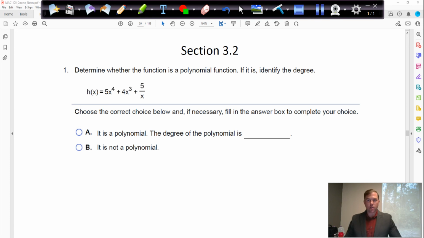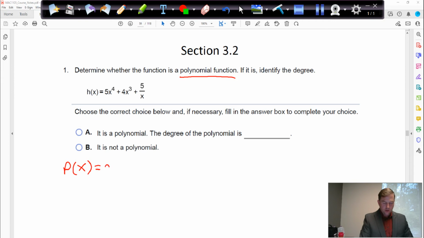Right, in section 3.2 we'll look at polynomial functions. So generically a polynomial function is written like this. P of x, with x being the variable, is equal to some number in front, which we call a_n, x to the n, plus a_(n-1) x to the n minus 1, plus a_(n-2) x to the n minus 2, plus dot dot dot.